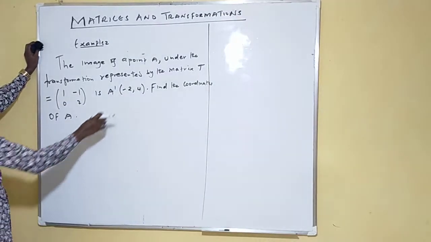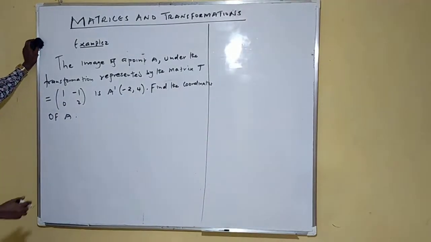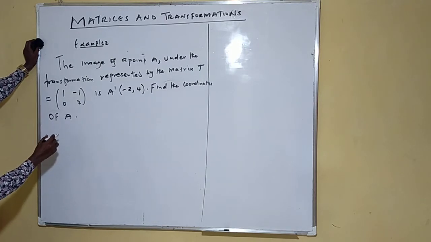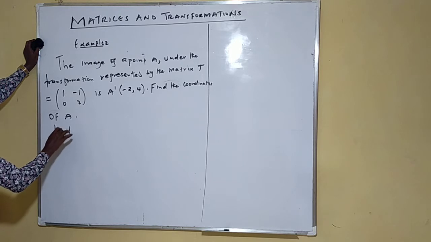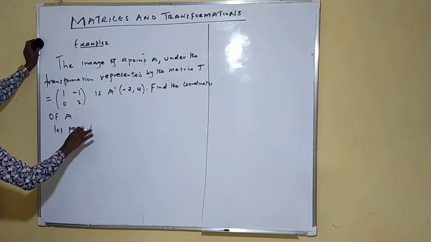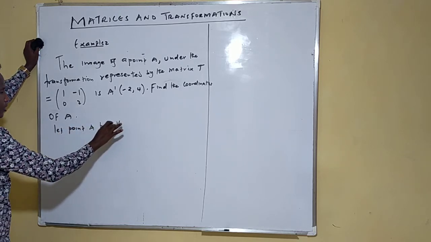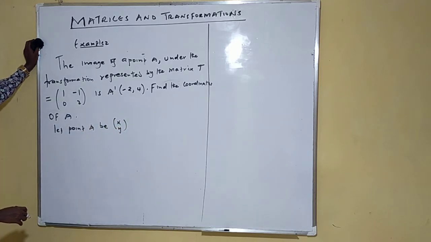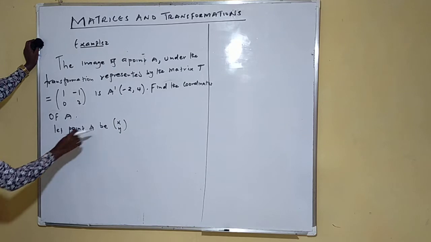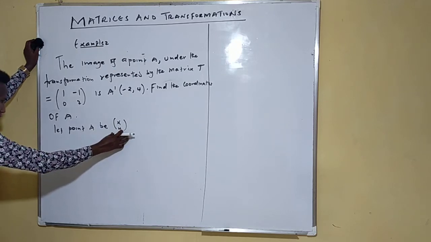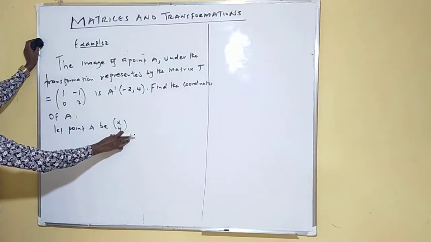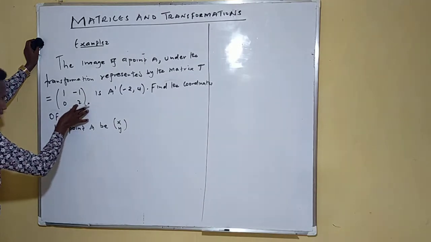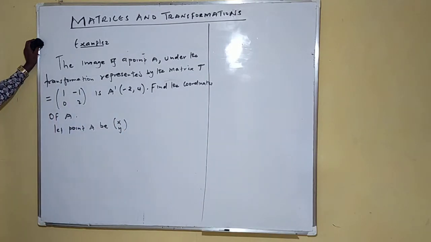So now in this situation we have one point, okay, which is A. So we are going to say let point A be x, y. We will multiply by the matrix and equal to image point to get the object point.